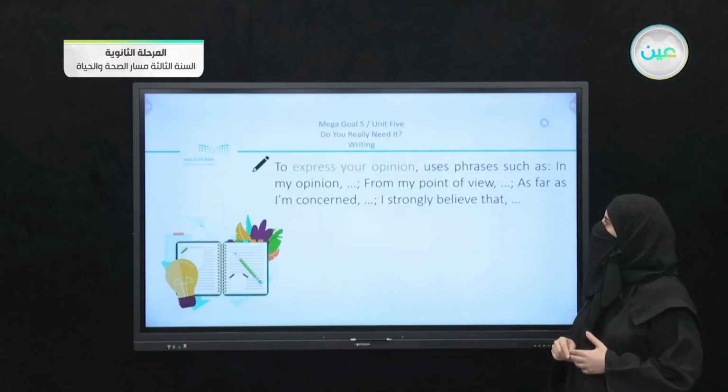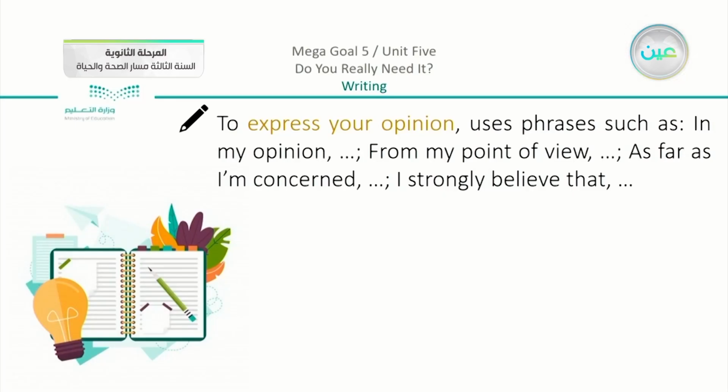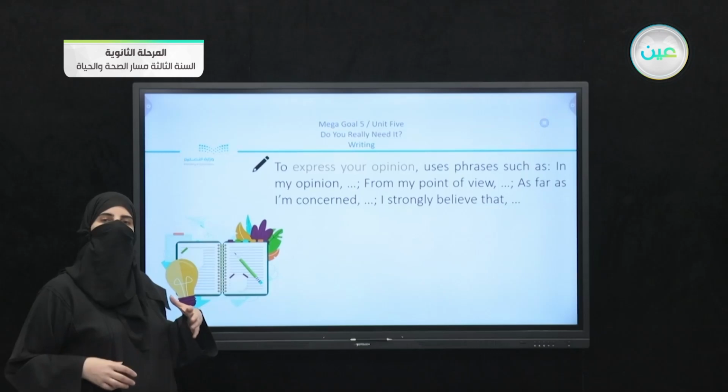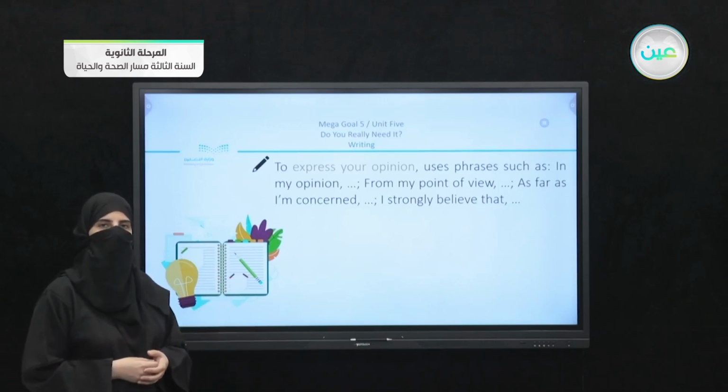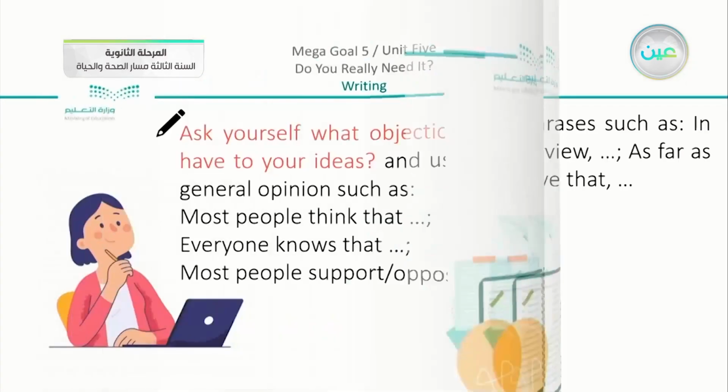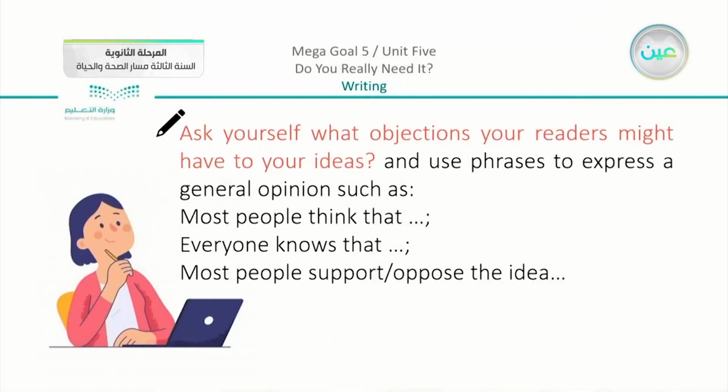To express your opinion, use phrases such as, in my opinion, from my point of view, as far as I'm concerned, I strongly believe that. So we can use these phrases as well, just to add the personal effect that I want in my essay. Ask yourself what objections your readers might have to your ideas.